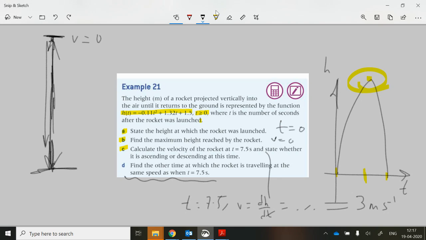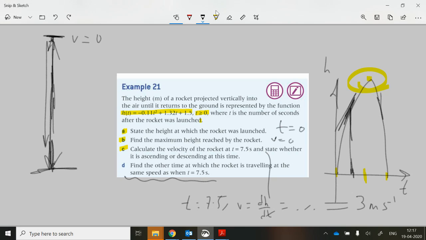Now, say the velocity comes out as this, then I'm assuming that at 7.5 seconds, that's your velocity of maybe 3 meters per second. I'm guessing that one. Because it's slowing down, it's not going to have that same velocity again.